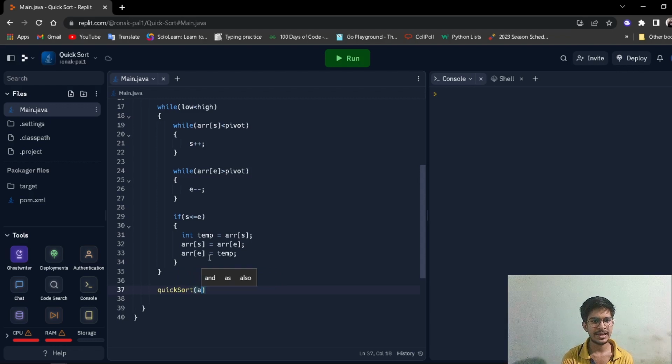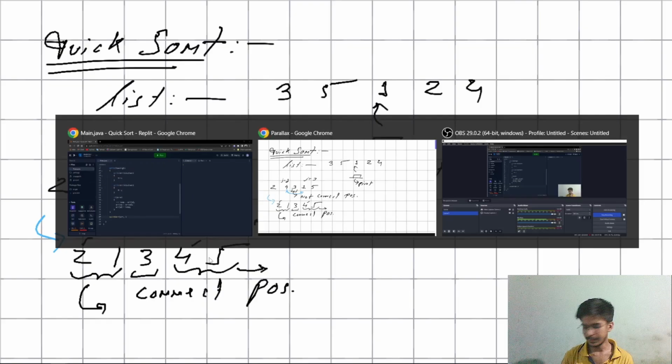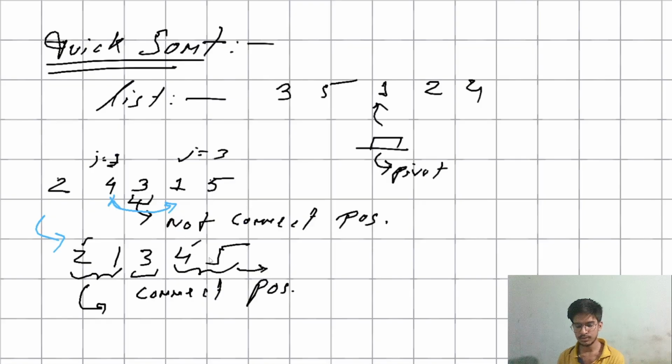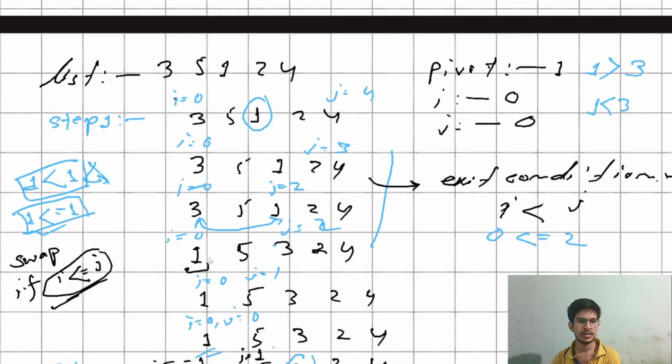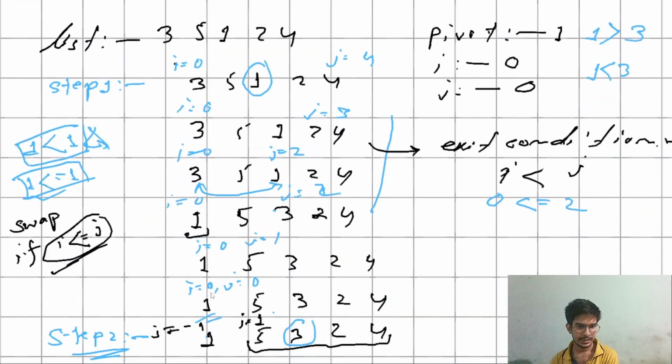And here passing the array, and from where we're starting. Here, j will be equal to e and i equal to s. That means from s to the end.